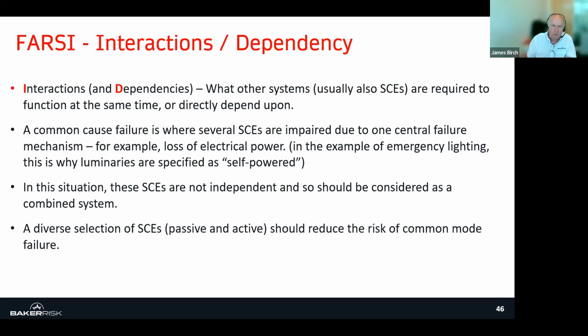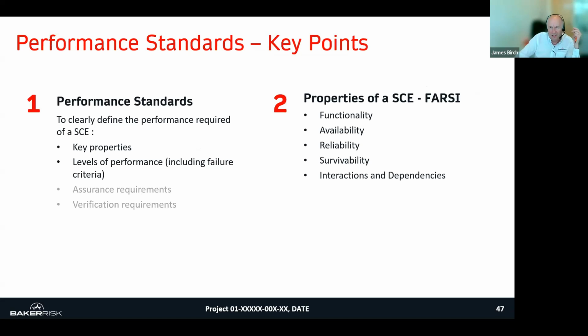So what are the key points then for a performance standard? They have to clearly define properties and levels of performance. And we have to consider FARSI: functionality, availability, reliability, survivability, and interactions and dependencies.